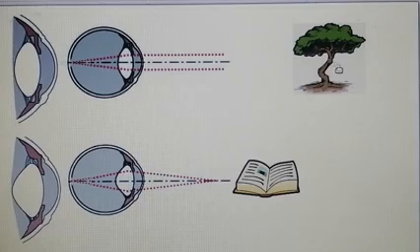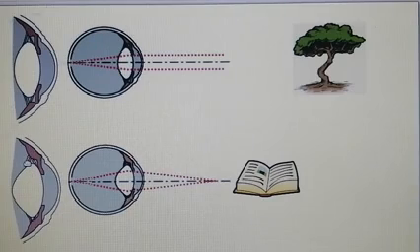While viewing a distant object, the ciliary muscles relax, ligaments stretch, curvature of the lens decreases, focal length increases.